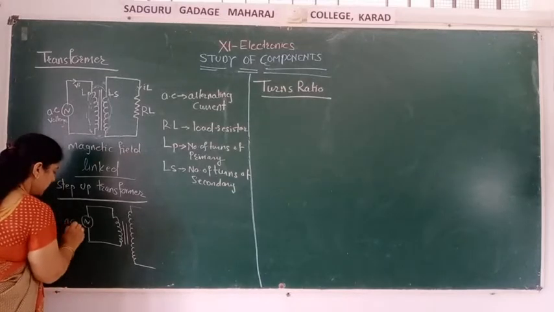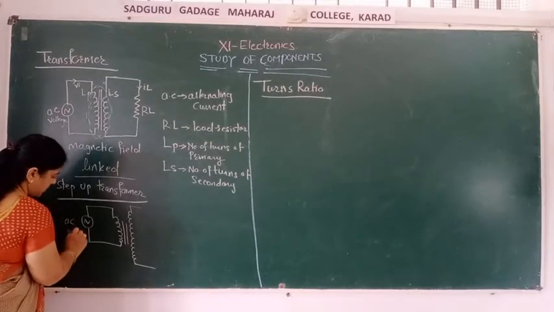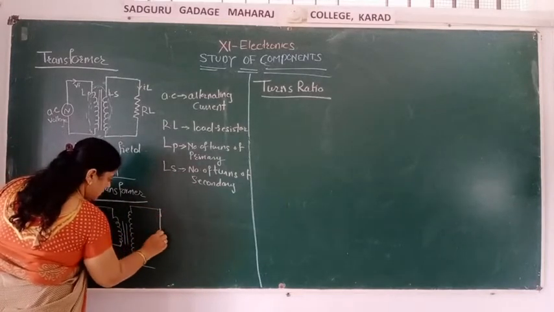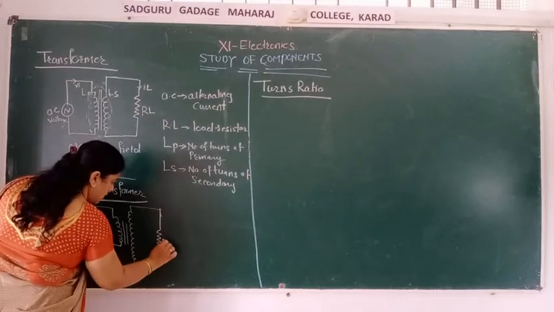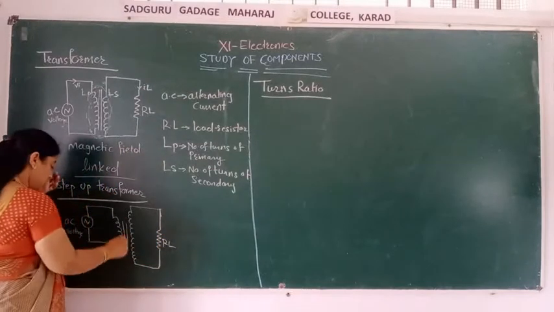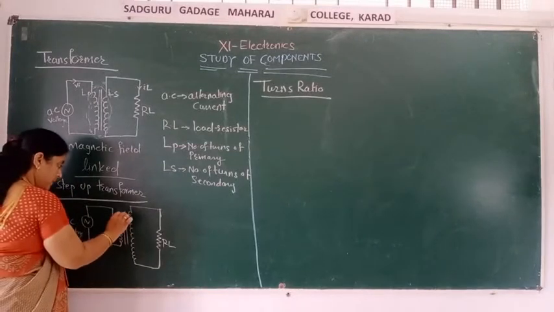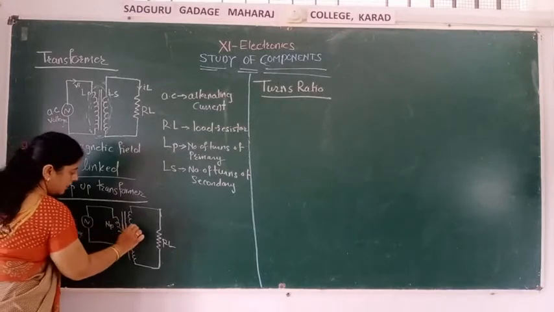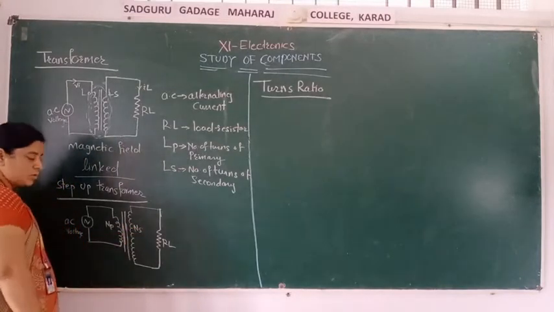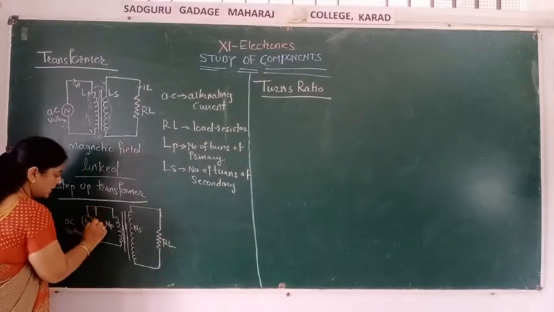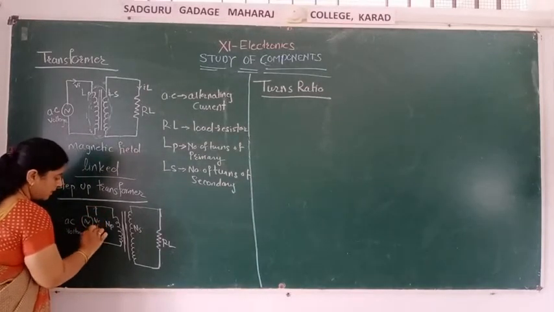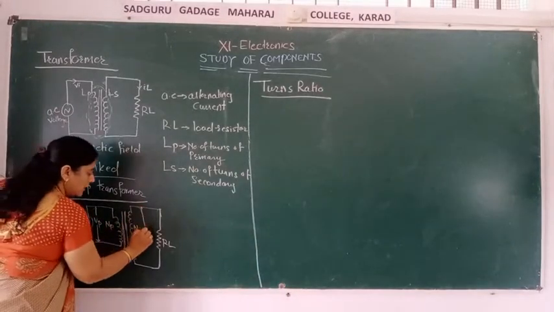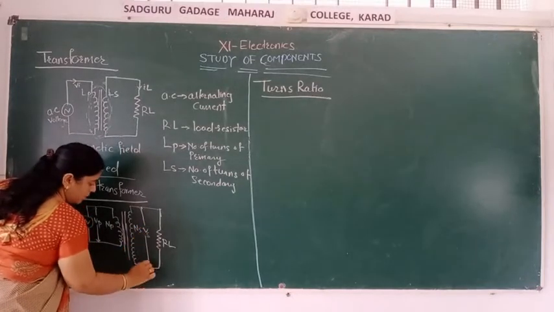Here the load resistance RL is connected. These are the number of turns of the primary and the number of turns of the secondary, NP and NS. Vp is the voltage across the primary number of turns, and Vs is the voltage across the secondary number of turns.